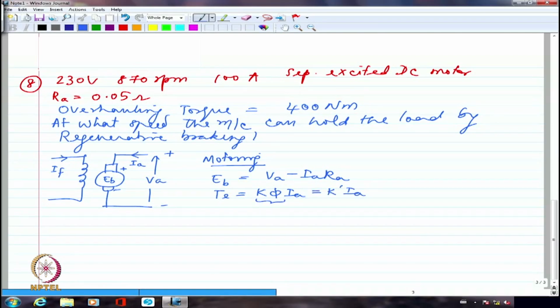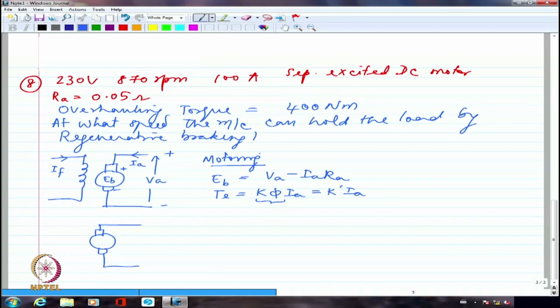If I want regenerative braking to be incorporated, what I can do is, either I reduce VA. If it is like a rectifier, I would be able to put a variac and reduce VA. Or if it is like a battery, I have connected multiple number of batteries, I can remove one of the batteries so that VA will be decreased.